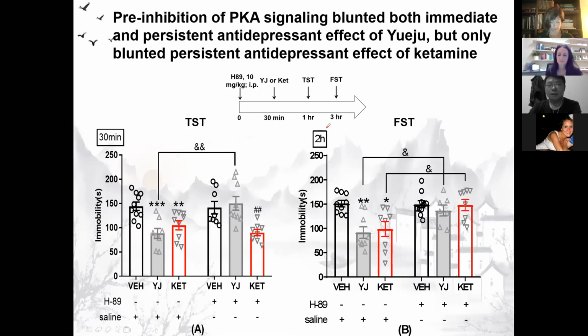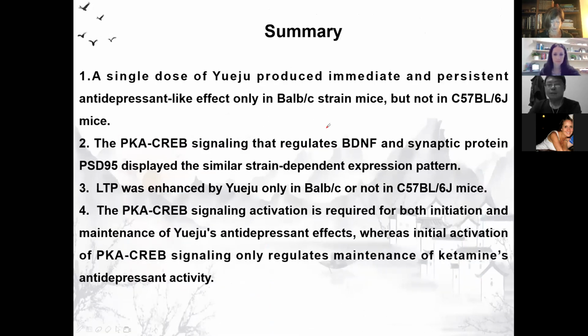In contrast, pre-treatment with H89 only blunted the persistent but not the immediate antidepressant effect of ketamine. Summary: the present study suggests that the strain-dependent, immediate, and persistent antidepressant-like effect of yuezhi involved activating PKA-CREB signaling and subsequently LTP. Initial activation of PKA-CREB signaling regulates maintenance of ketamine's antidepressant activity.